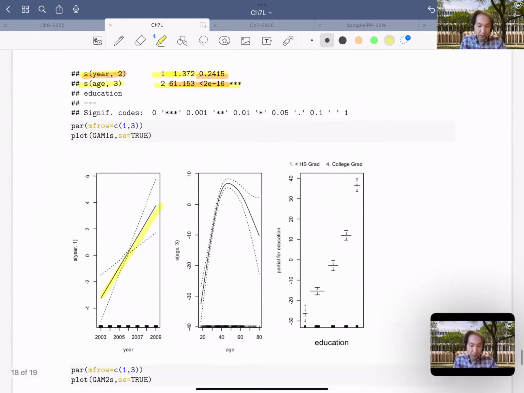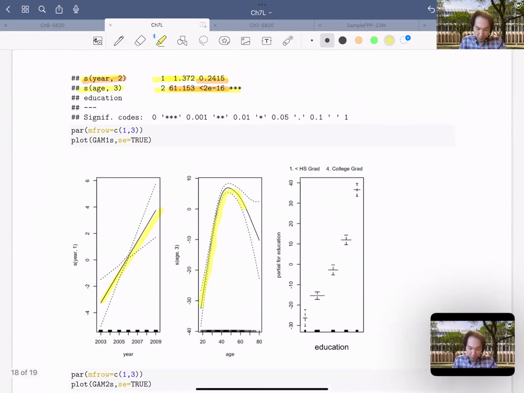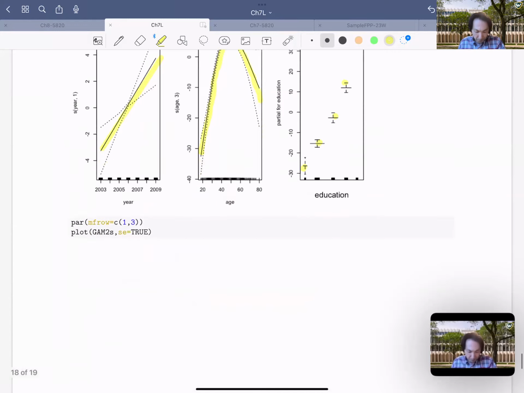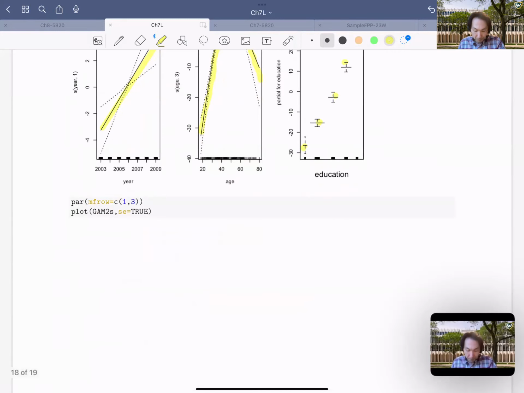So the spline for year and the spline for age, and just the factor variable of education to explain wage.